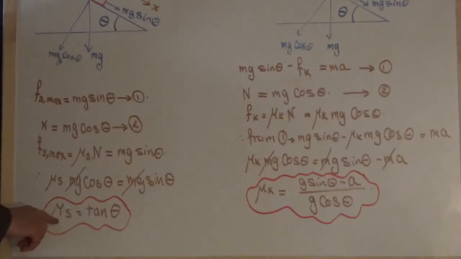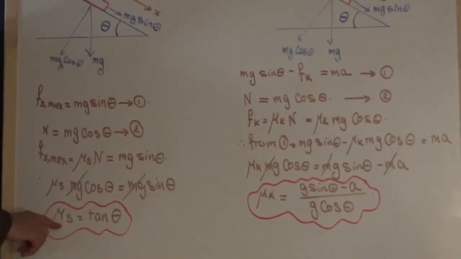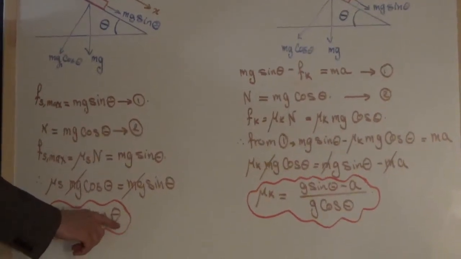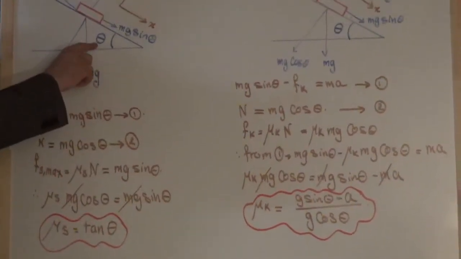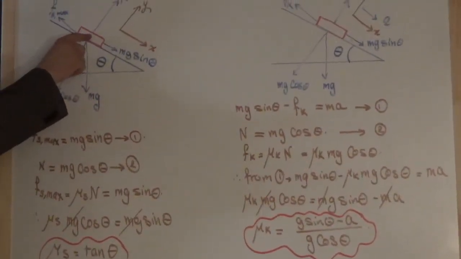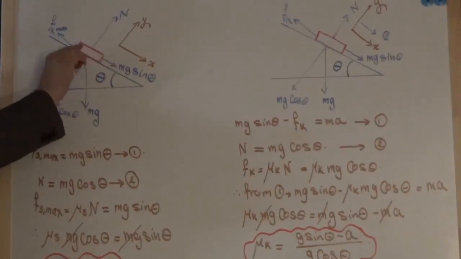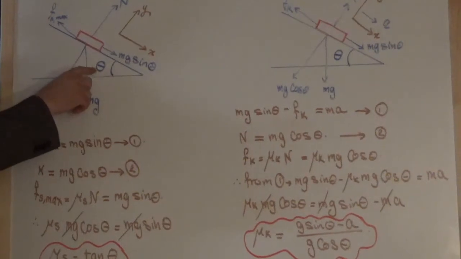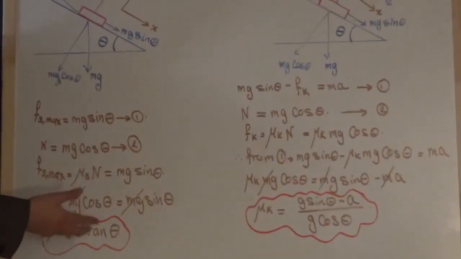Guys, what do we mean by coefficient of static friction? This angle right here represents the critical angle, the critical angle that makes this object just about to move. So we can't, for example, change this angle and then say that mu s will be changing.